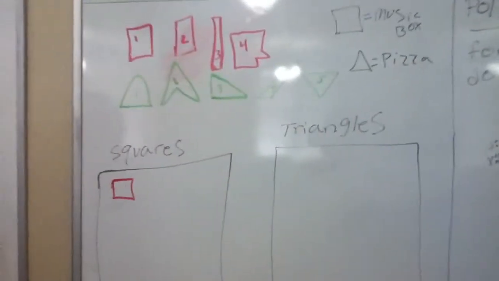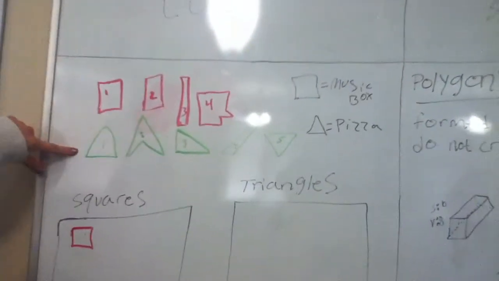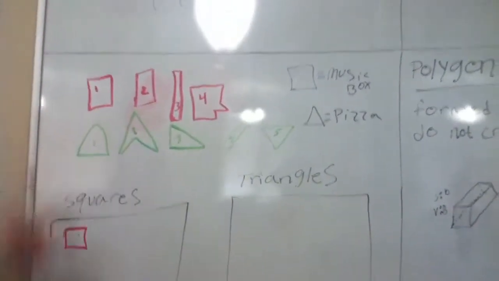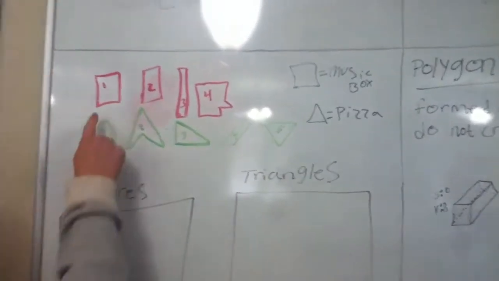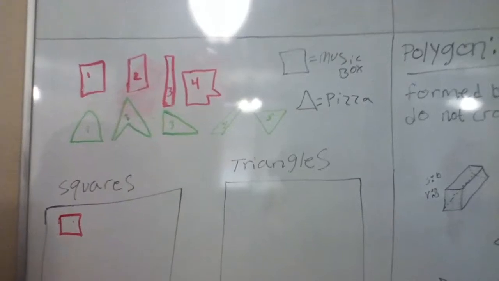They can also see that the squares are pink and the triangles are green, so they would look at the pinks first to identify if they are squares.